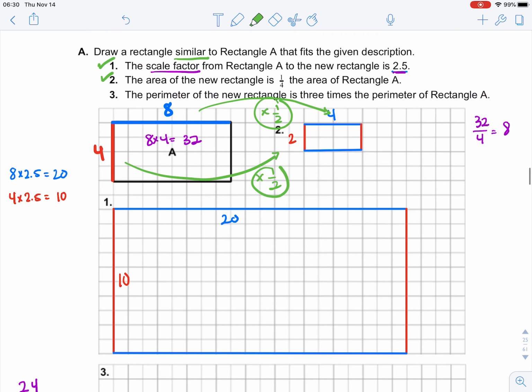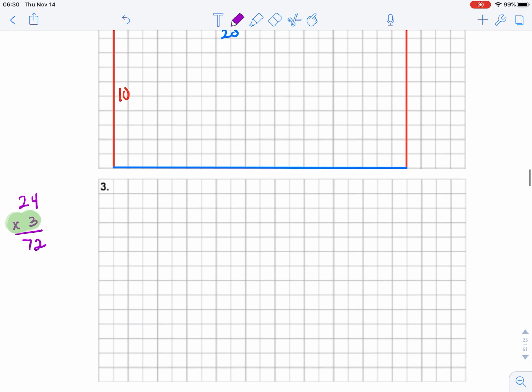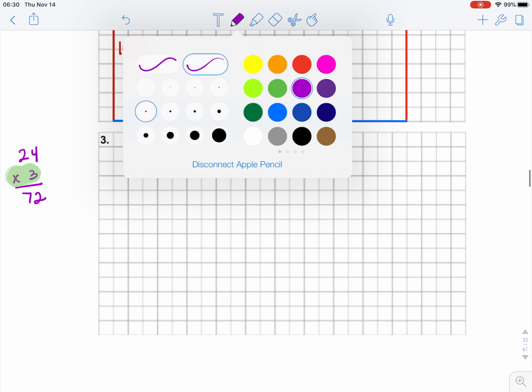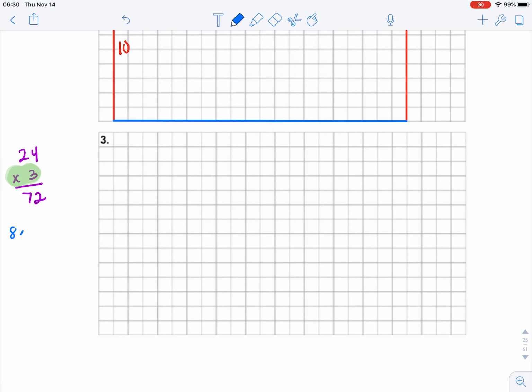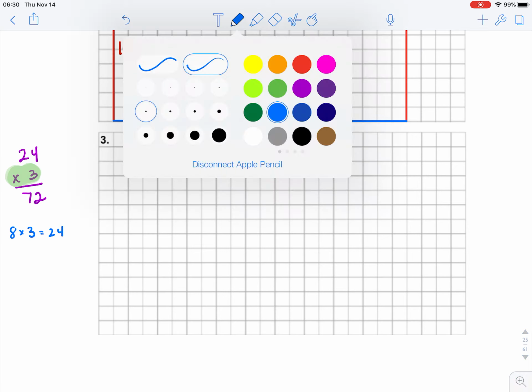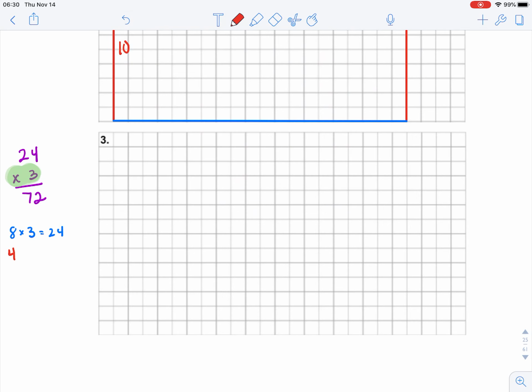Single variable lengths are our scale factors. So I'm going to do 8 times 3 for my blue, 8 times 3, which is 24, and I'm going to have 4 times 3, which is 12. That's going to be my short side.